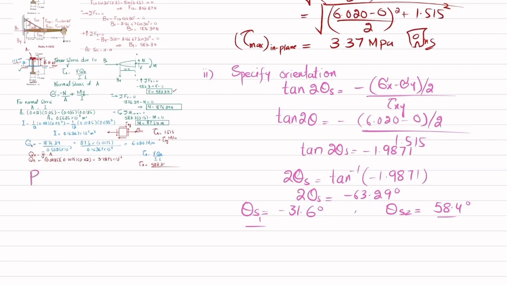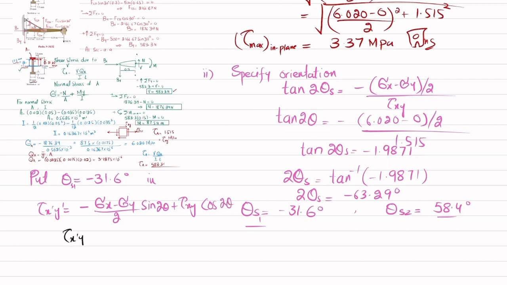So we want to check it. Put theta equal to minus theta s1, equal to minus 31.6, in the shear stress transformation equation, which is tau of x dash y dash equal to minus (sigma x minus sigma y) divided by 2 into sine of 2 theta plus tau of xy cos of 2 theta. So let me put it.